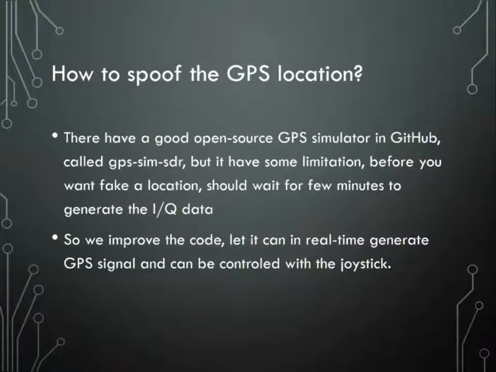So we improved the code so that it can generate the GPS signal in real time and be controlled with a joystick. That means you don't need to wait 5 minutes or a few minutes to generate the IQ data. You can directly change the point in real time.